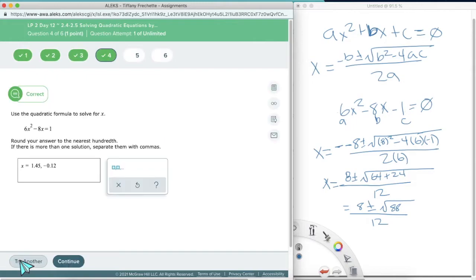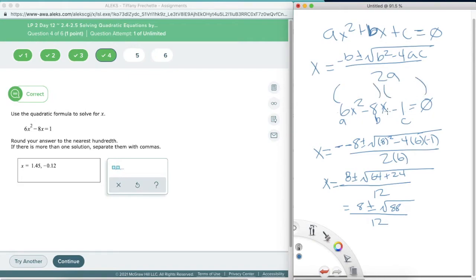All right. And this is definitely necessary to use this formula once you get to these types of parabolas where you don't have the nice integer answers anymore. I can't just factor this the way we were before, where we had the two parentheses like this, and I was breaking it apart into what numbers of 6 and 1 can multiply together to get the correct beginning and end number, but add to get 8.